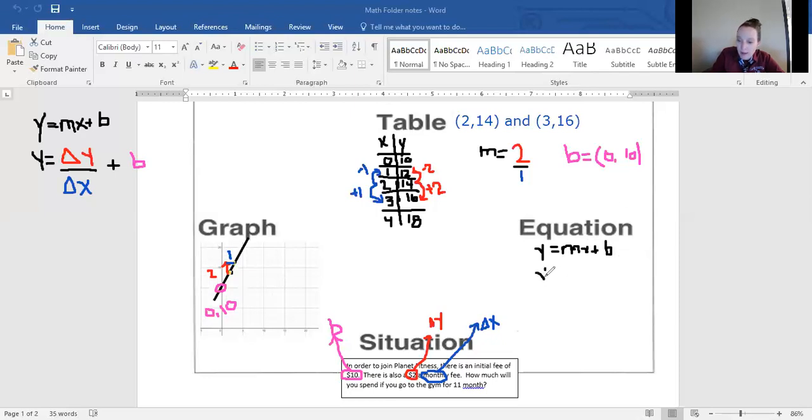We know we have y equals, and in every single one of these, we found our change in y to be 2. Look at all the reds: plus 2, plus 2, plus 2. So I'm going to write this in red. Slope is always a fraction, guys, so I'm going to make my fraction bar.